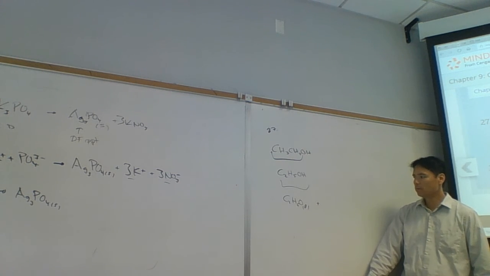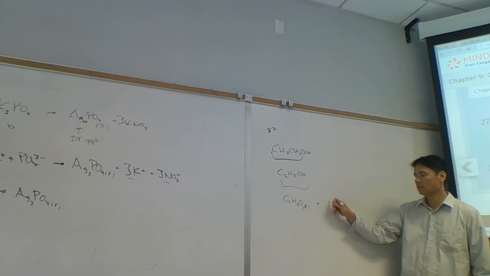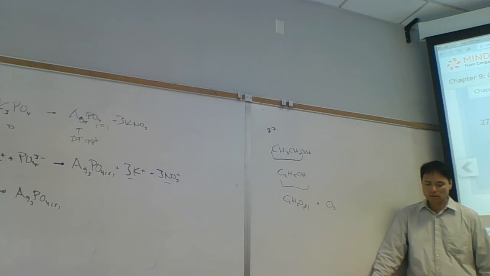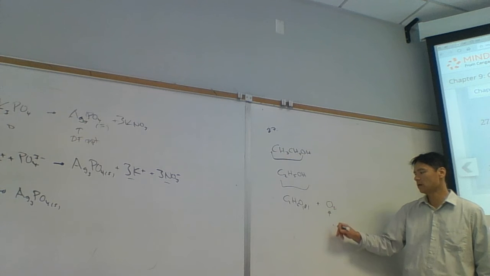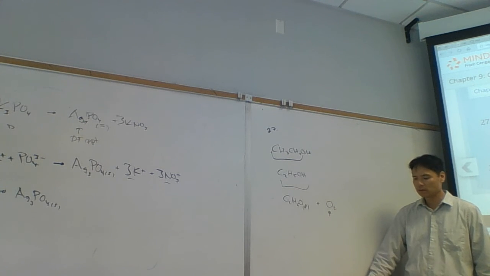And so when we combust it, what do we react it with? O2. This is redox, oxidation reduction. The word oxidizer comes from oxygen. Oxygen is the original oxidizer that chemists use. It's abundant, plentiful.